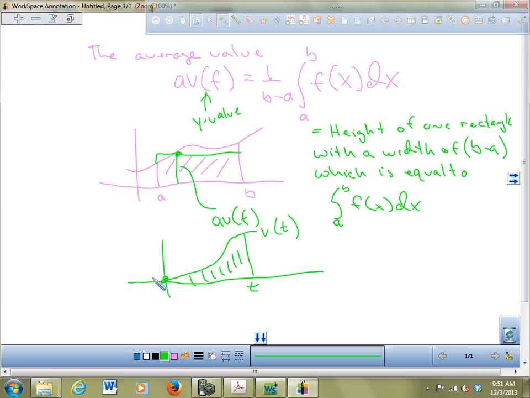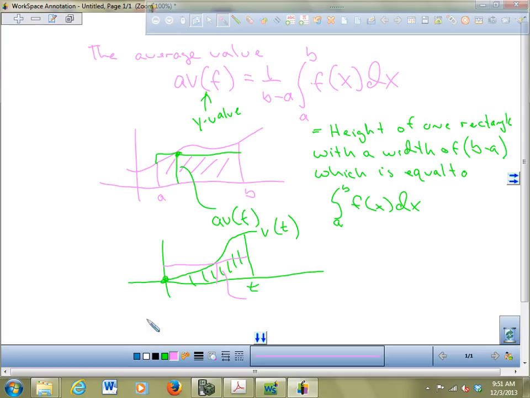The distance traveled, right? If I find the average value somewhere in there, what would this average value represent? It's average velocity, right? Average velocity of that function, okay?